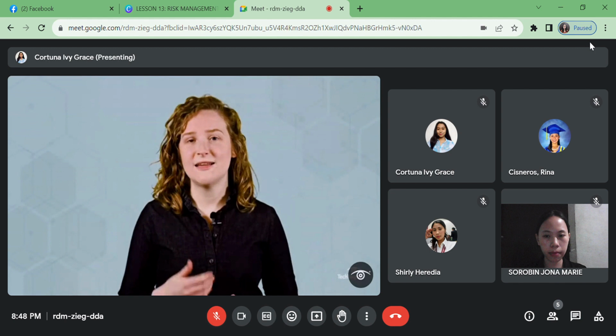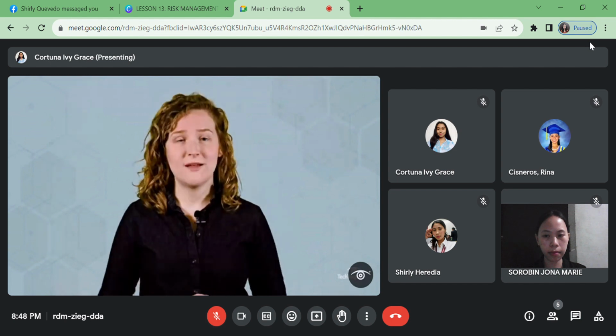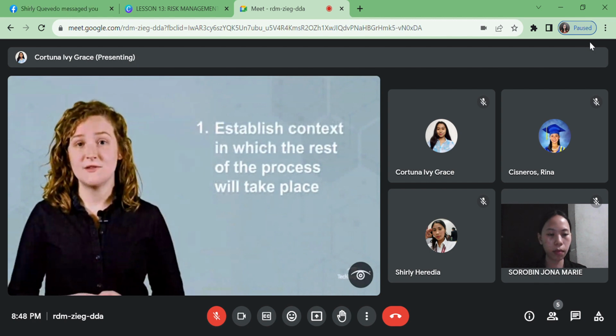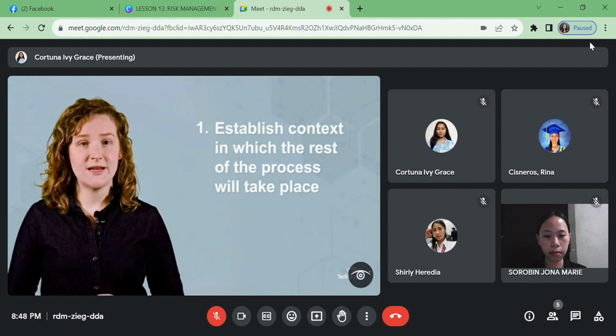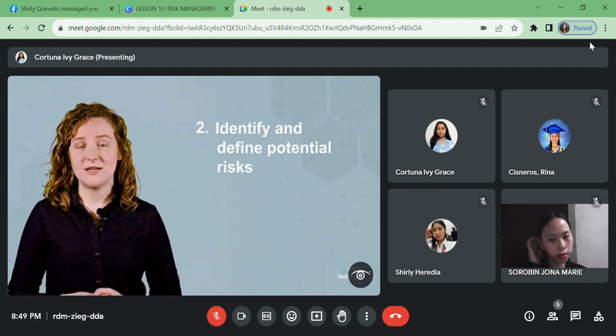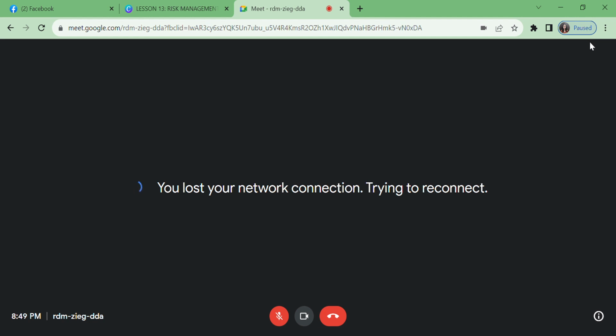How risk management plans take place: identify and define potential risks, assess and evaluate risk and specific risk, decide which strategy, what can be done, and how will we pay for it, enables teams to minimize exposure and potential extra costs.